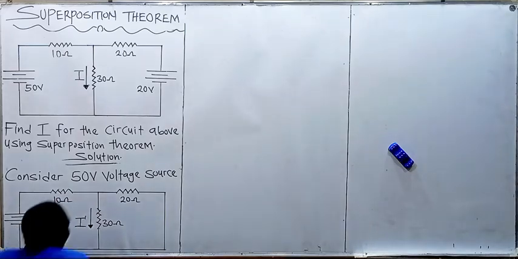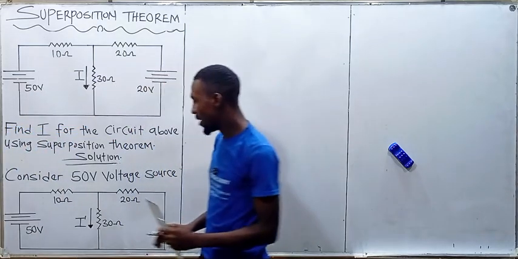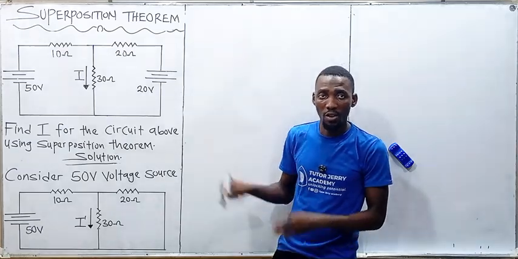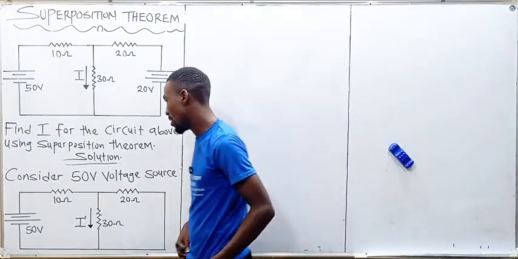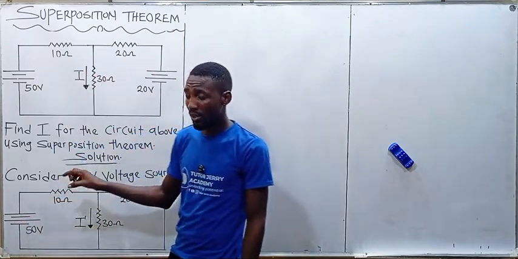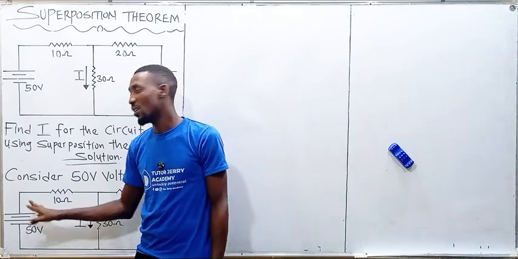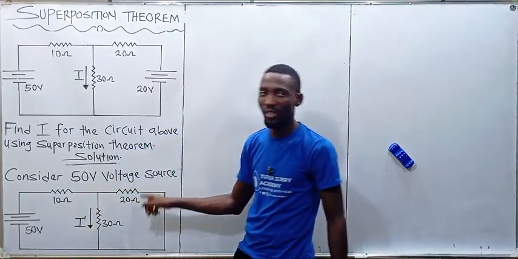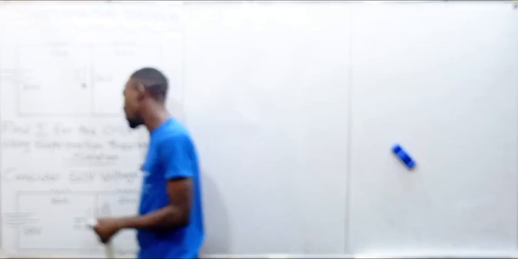You agree with me that anytime we have a voltage source, there must be current produced by the voltage source. The current produced by the voltage source from this circuit is going to be the total current entering this circuit, but we are not given the current.